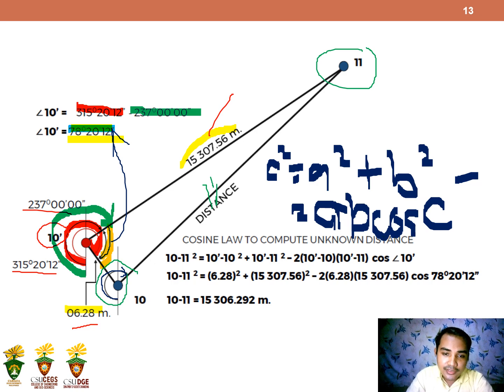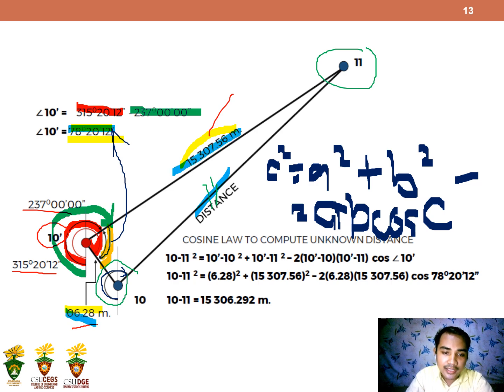So we substitute. C squared is one side, the unknown distance. For a and b, we just choose either of the two.